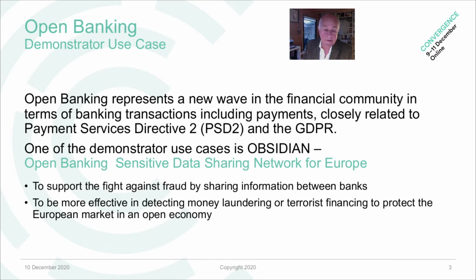And the objective of this is to be more effective in detecting money laundering, so AML 5, or terrorist financing. And this would protect the overall economy of the European market.